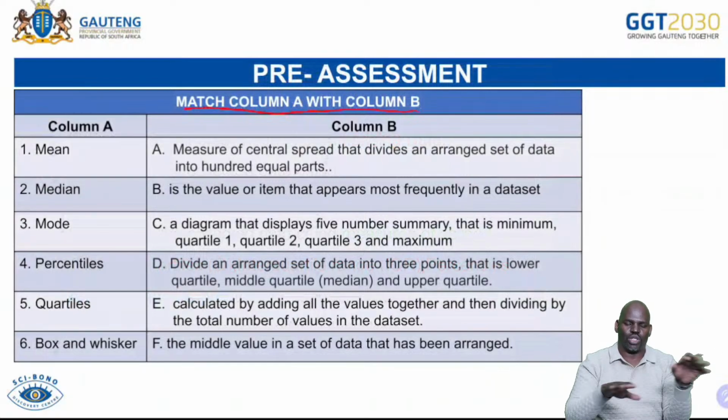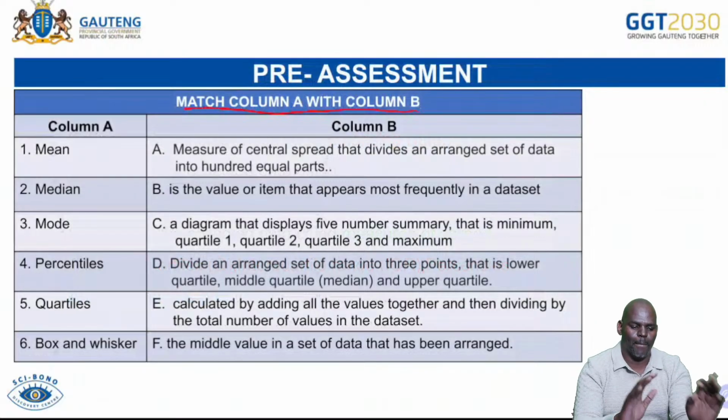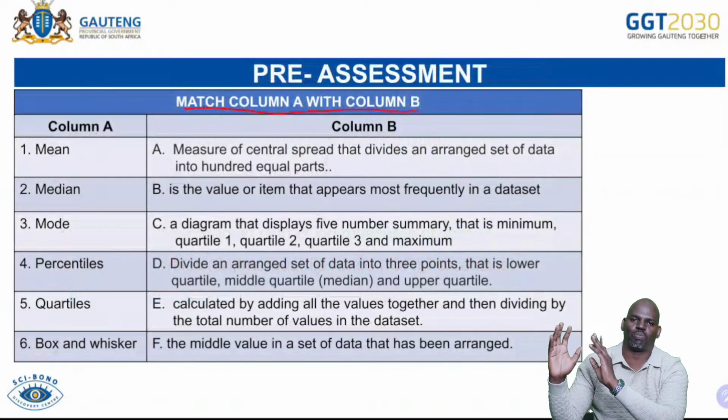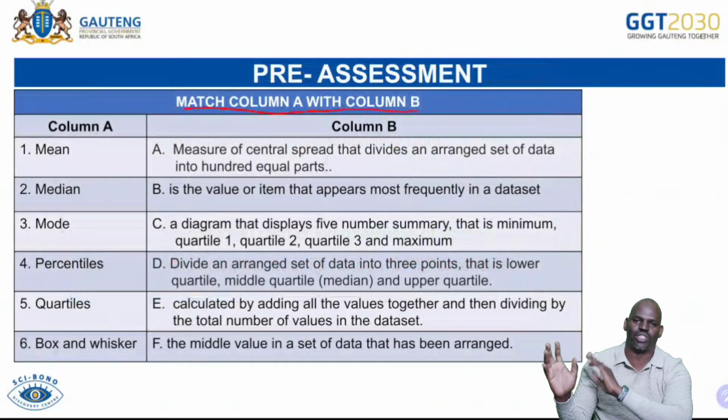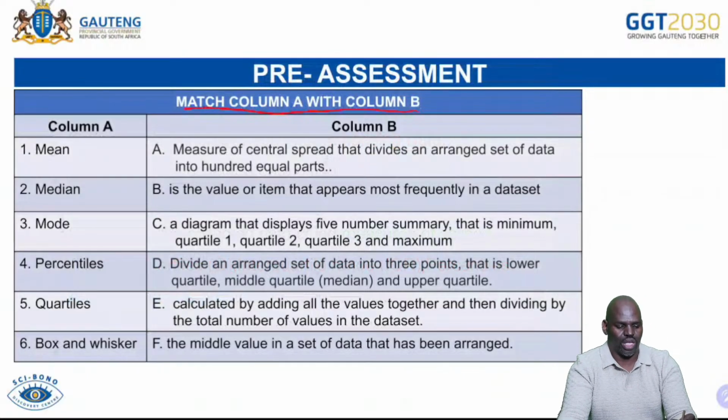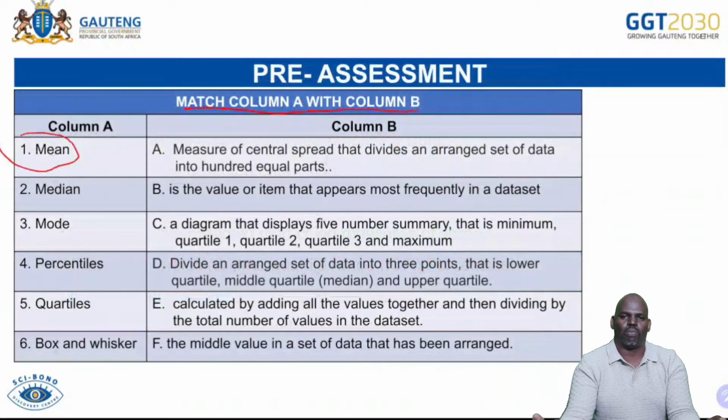So we have to match the terminology and its own explanation or its own definition or its own relevant explanation. Now the first one, we are given the mean. But before you even look at the explanation on the right hand side or the definition on the right hand side, you must have an idea so that you don't struggle to find the relevant explanation.